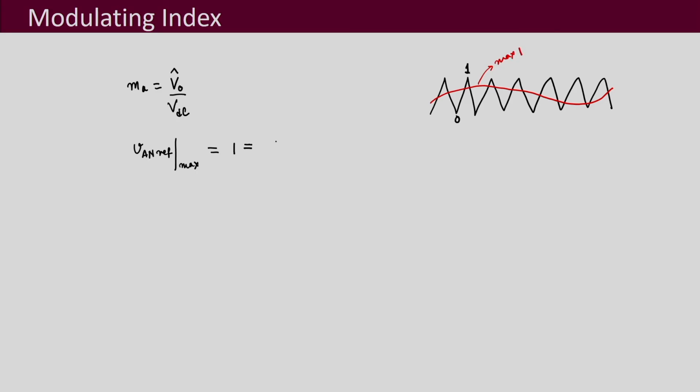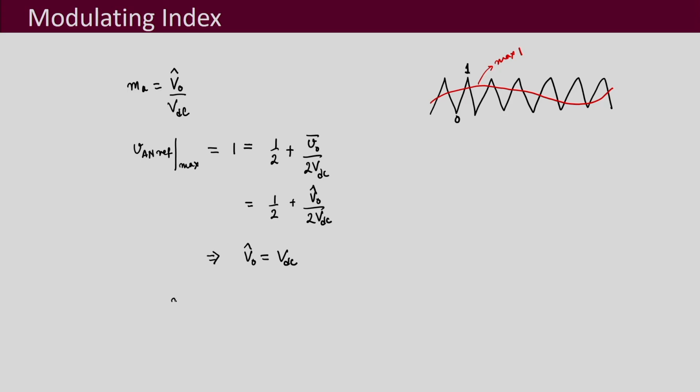So, then this will be equal to half plus VO bar by 2 VDC, based on what we just saw. So, half plus VO hat by 2 VDC, because sine omega 1 t can have a maximum value equal to 1, and so from here what you get is VO hat can be equal to VDC. This is the maximum possible.